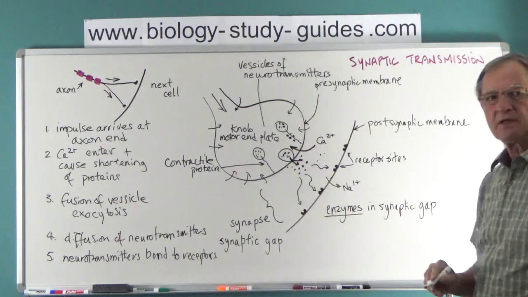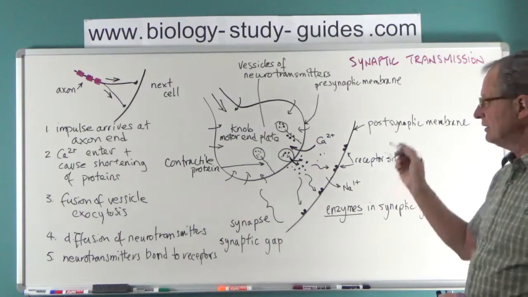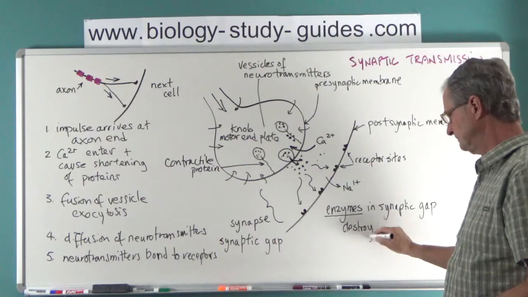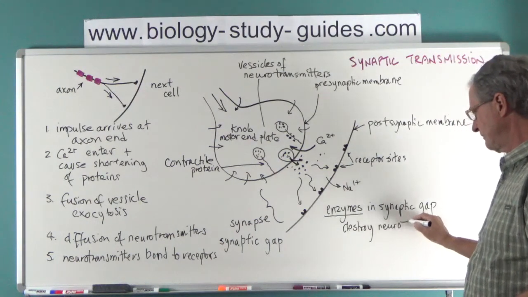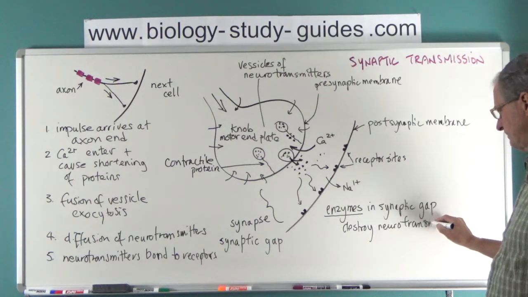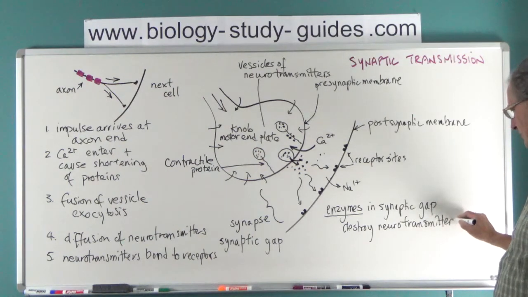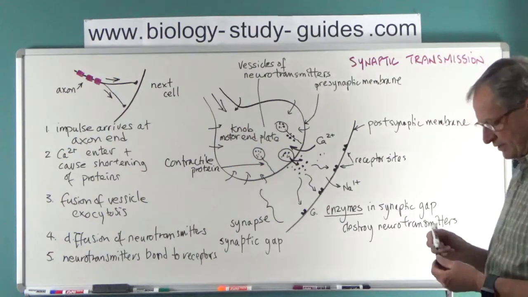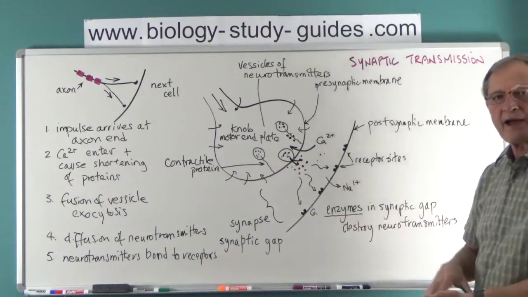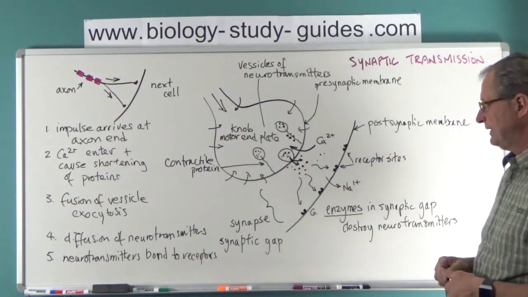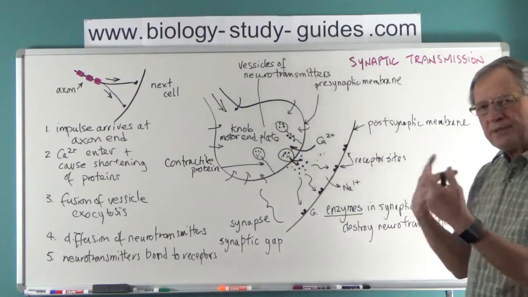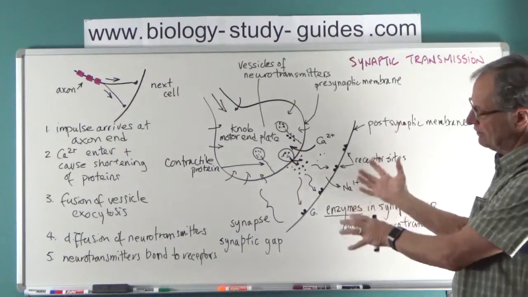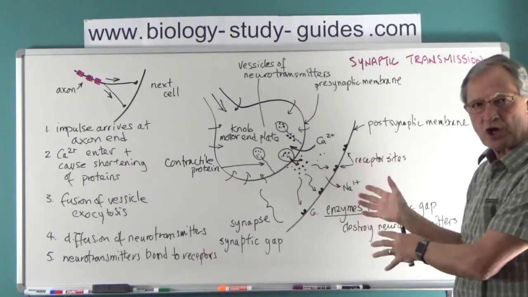Enzymes, they destroy the neurotransmitters. So we could actually add a number 6, because this one will take this whole system back to where it was at the beginning. There's more pieces to add to this, but this synaptic transmission story ends with this topic.